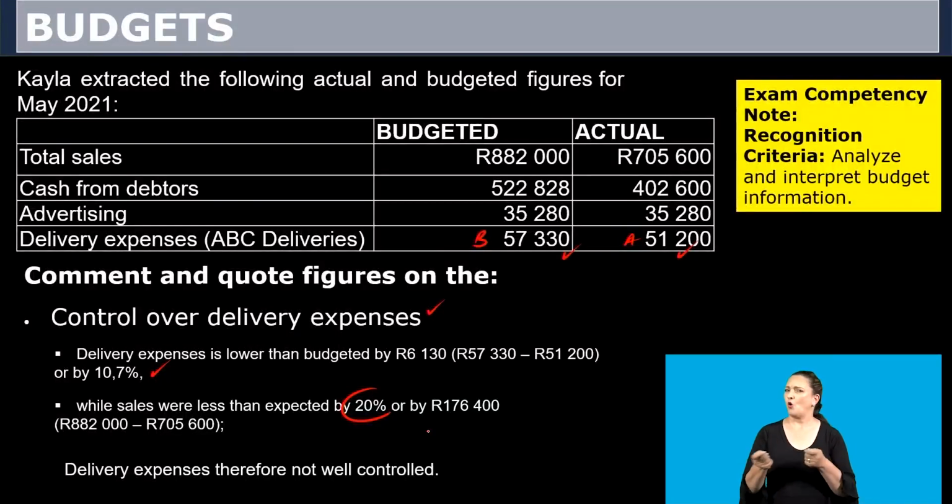If our sales declined by 20%, we would expect the same 20% decline in delivery. However, delivery only decreased by 10%, and sales had a huge decline. It therefore means that there was no control over our delivery expenses.